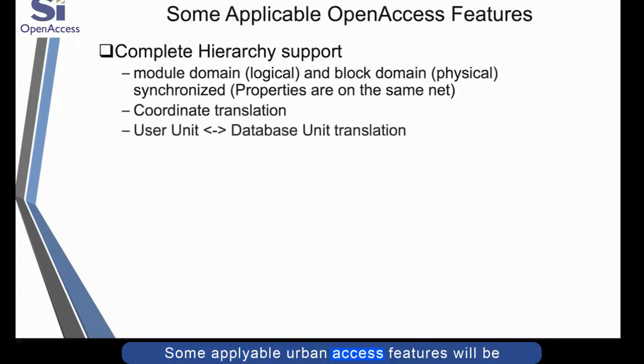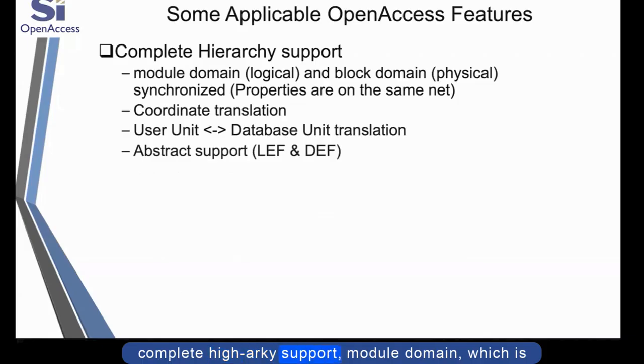Some applicable OpenAccess features are complete hierarchy support, with module domain, which is logical, and block domain, which is physical. Synchronous properties are on the same net, and coordinate translation will be the OA transform, we'll get there later, which is very important.